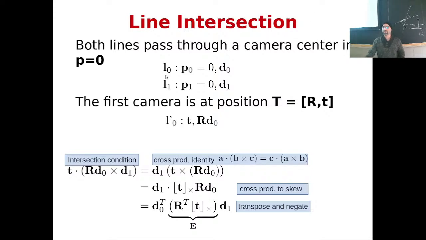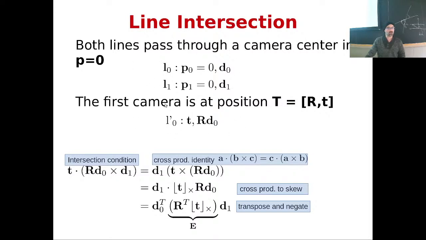Because L0 is here, L1 is here, right? Now we apply the transformation to L0 to obtain T and RD, right? We are transforming L0. L0 is referring to the first camera, and L1 is referring to the second camera.